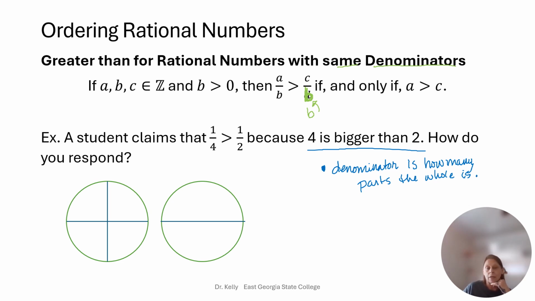But in addition to that, quickly you could draw a picture. Now, it's super important that when you do something like this, you have the exact same picture. This is why using paper folding is so good, because every piece of paper is the same size, and the piece of paper that I have is going to be the same size piece of paper you have, and that way we can make true comparisons.